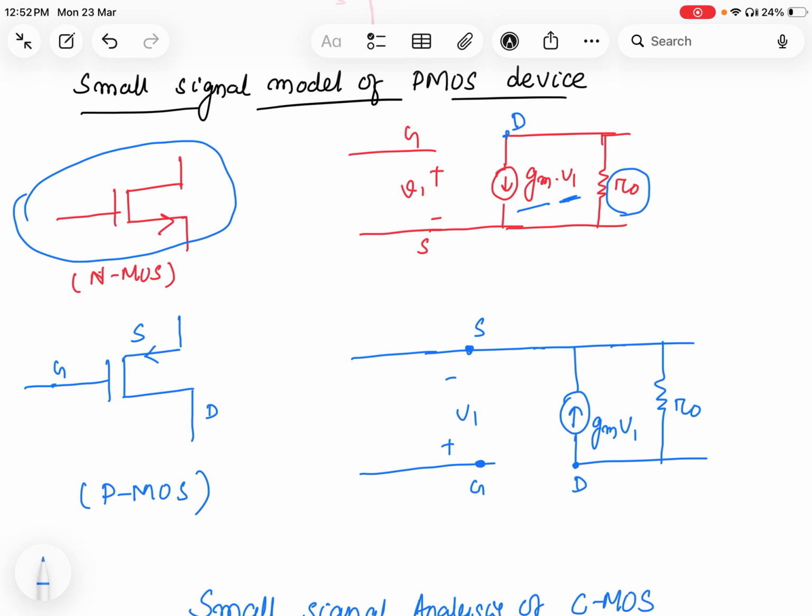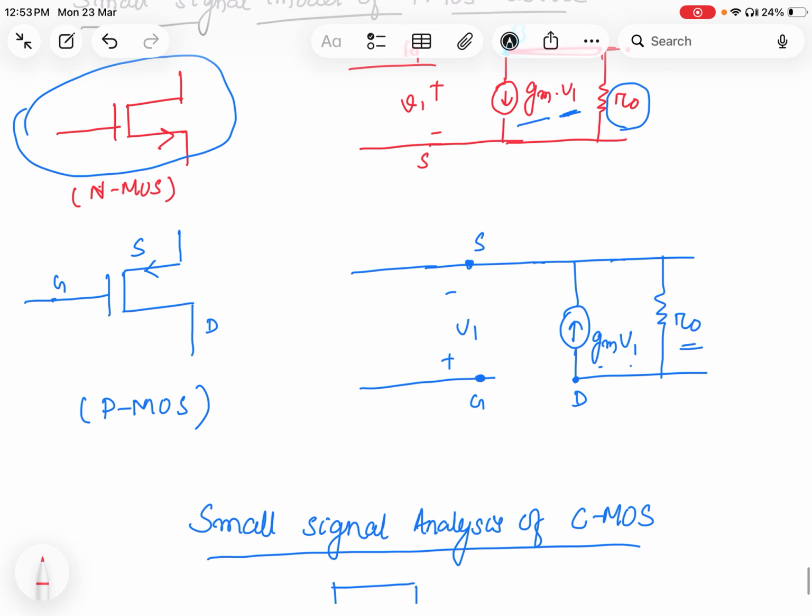This is your source, this is your gate, and this is your gate to source voltage. I have taken V1. You can see the arrow was just flipped. So this is your GM into V1 and this is your R0. Nothing changed, only this is flipped. This is your small signal model for the PMOS.